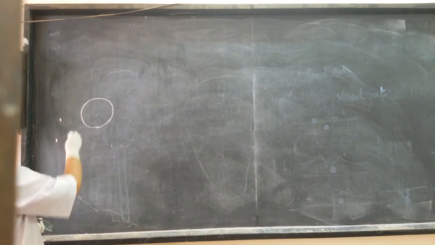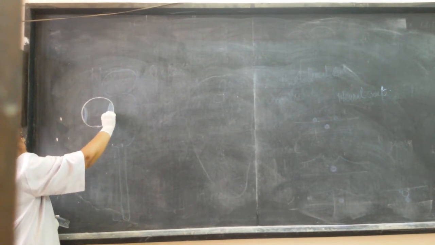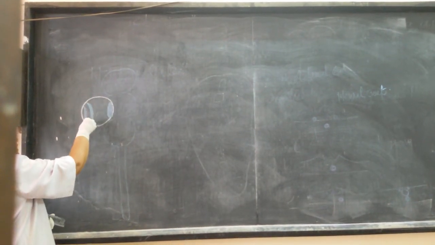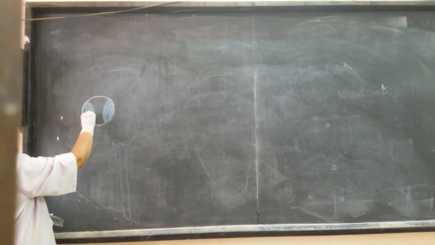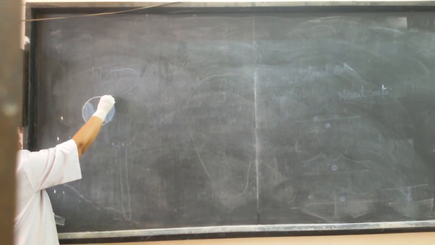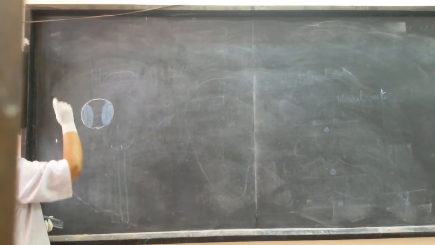It grows like this. The tissue starts growing in this direction and gradually it grows like this. The lateral parts become thick, and the ventral and dorsal parts remain thin.